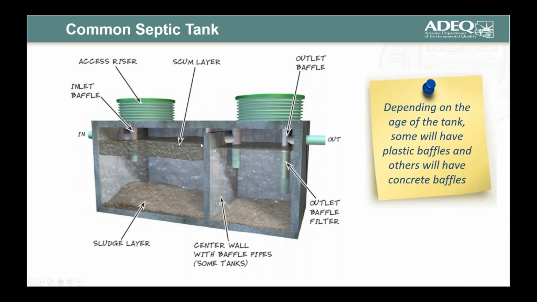In this particular tank, they use a sanitary tee to carry it through from one chamber to the other. Then we have the outlet sanitary tee here with a filter that fits in there. And of course, you have the riser with the covers. Now, depending on the age of the tank, some will have plastic baffles and others will have concrete baffles.